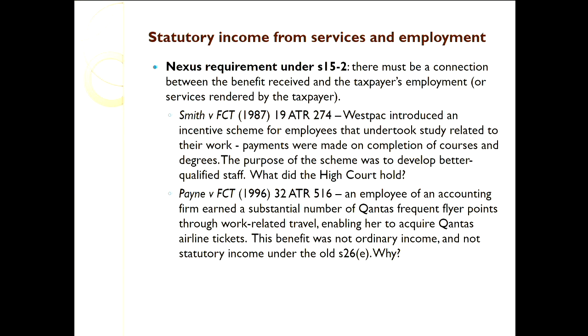It had the same wording, but there was an important feature of the law back then that the Commissioner could go straight to arguing the statutory income provision without first arguing that it's ordinary income and common law. And so, for instance, in Smith's case, we don't actually have a court ruling of whether it was ordinary income or not, right?